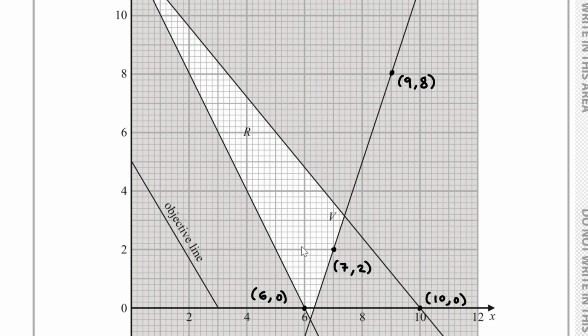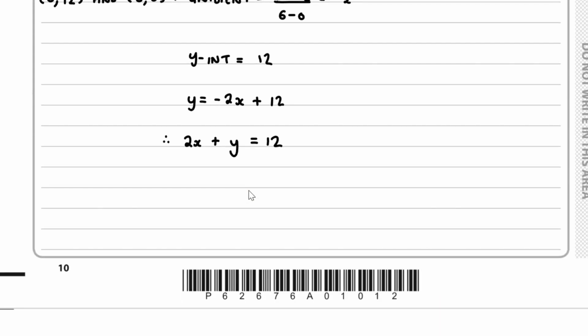So let's label this. This line over here has equation 2x plus y equals 12. And let's call this equation number 1, just in case we need it later on.